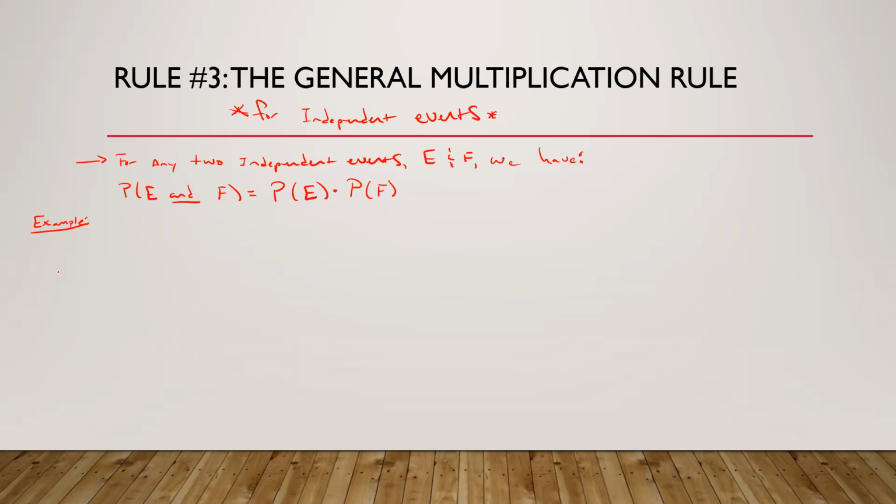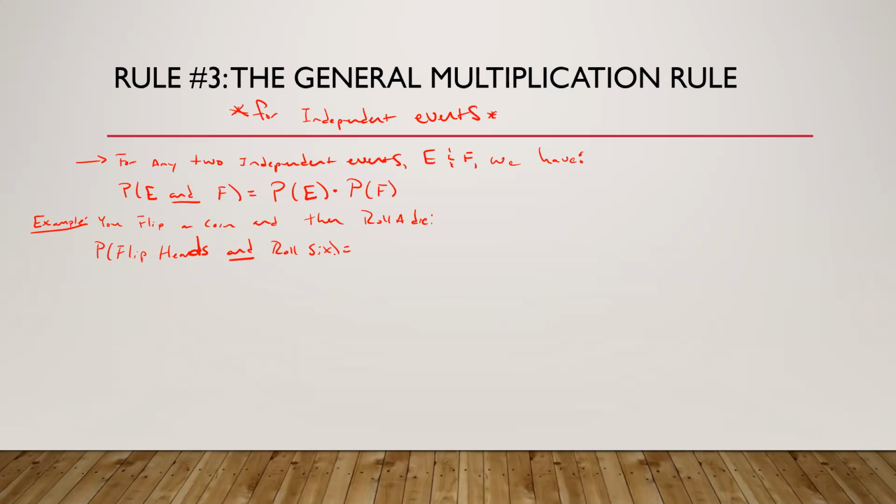All right, so I want to go back to you flip a coin and then roll a die. The question we did first was, what's the probability you flip heads and you roll a 6?